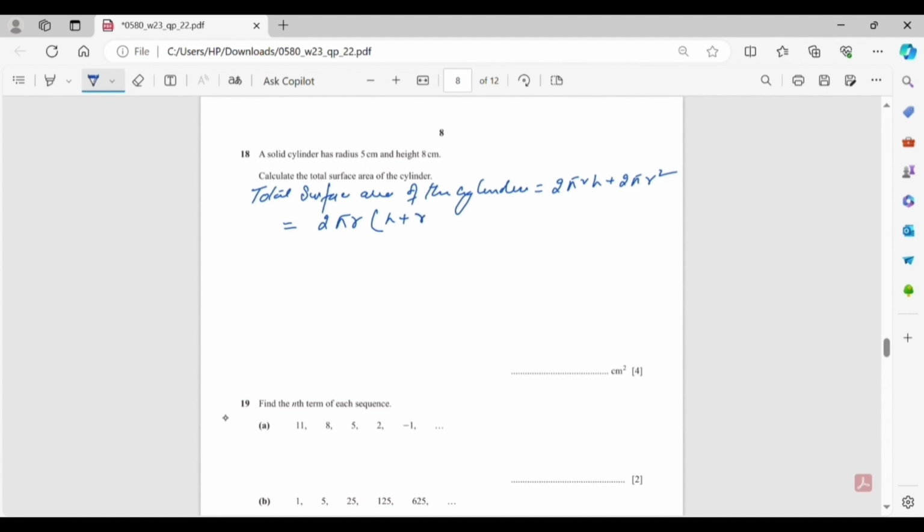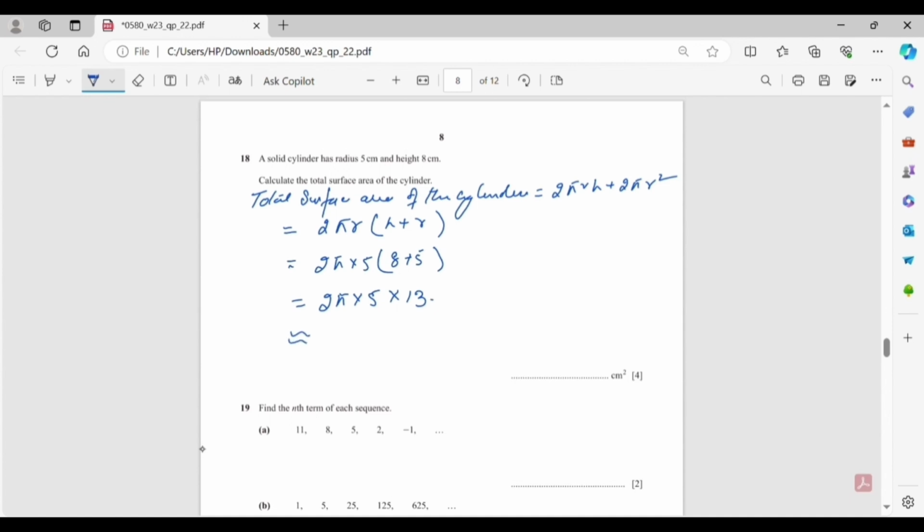h plus r. Now this will be 2 pi, radius is 5, 5 times 8 plus 5, this equals 2 pi into 13, which will be approximately equal to 408.407045 by calculator.